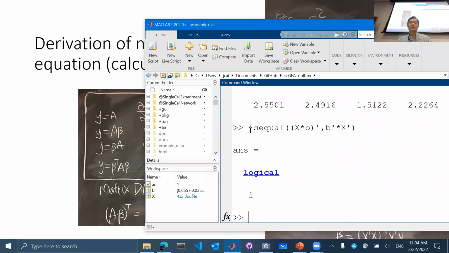Okay, it's time to take a break. I just proved this is true using Matlab. 5 minutes break.